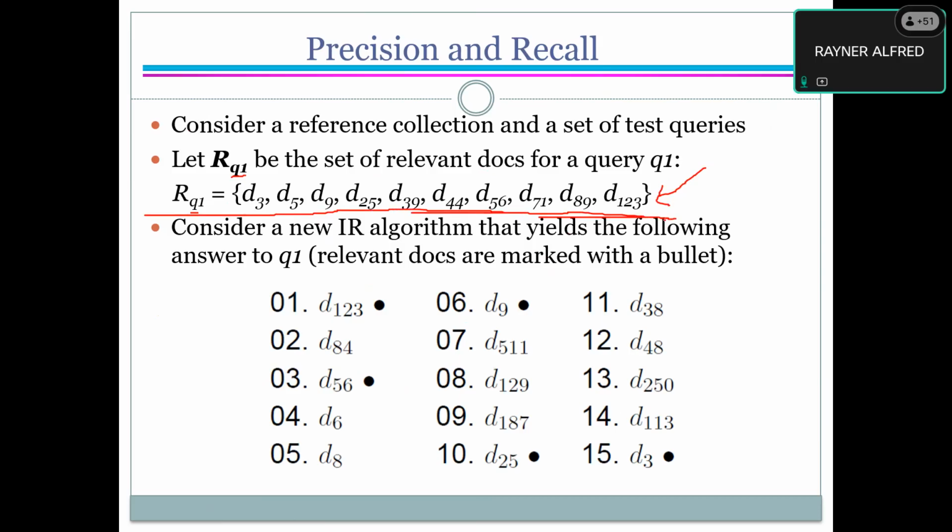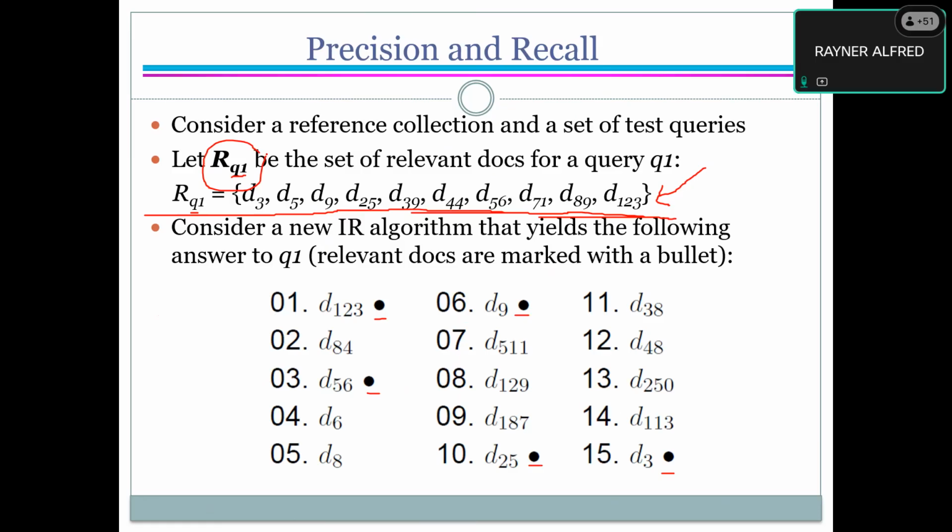So we have around how many? 10 documents that are relevant with respect to query number 1. Okay. But when we use a new IR algorithm, they give us this result. And the ones that are ticked or marked here are all the relevant documents with respect to query number 1. Okay. So from here, how do we plot the precision and recall?